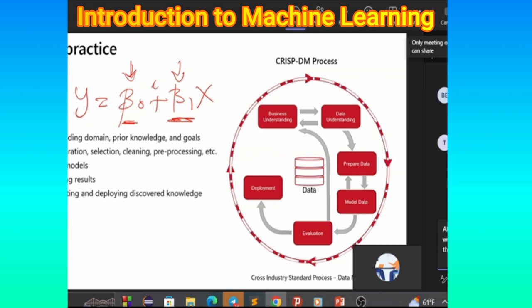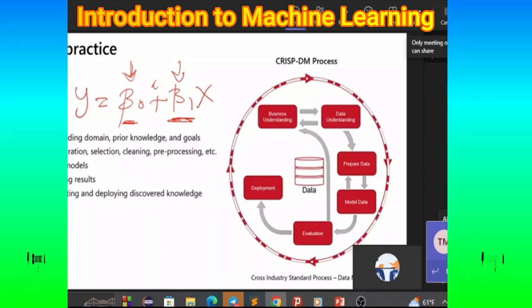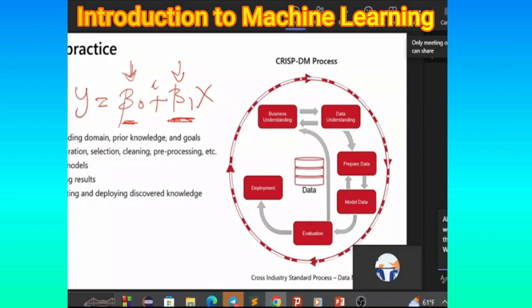If deep learning uses artificial neural networks, what does normal machine learning use? Deep learning uses artificial neural networks, and machine learning has different approaches.